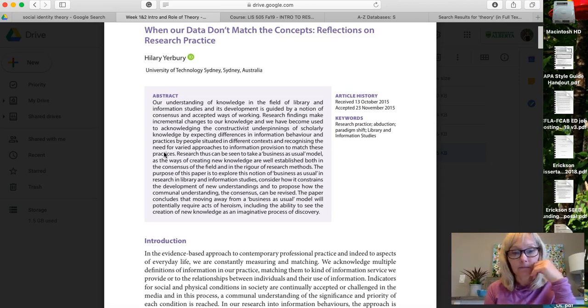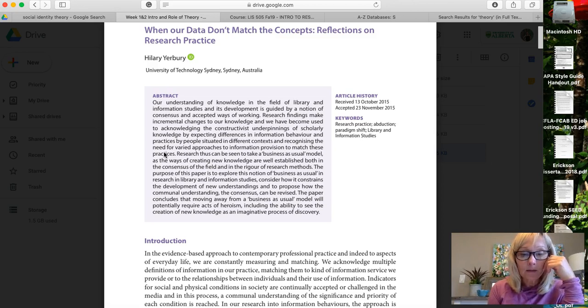But on the good side, in library and information studies, we have a long tradition of recognizing the various ways that knowledge is categorized. Probably because we draw on so many different disciplines, we are quite broad thinking in the way that we view knowledge. And that's just the nature of our profession too, and how we look at information.